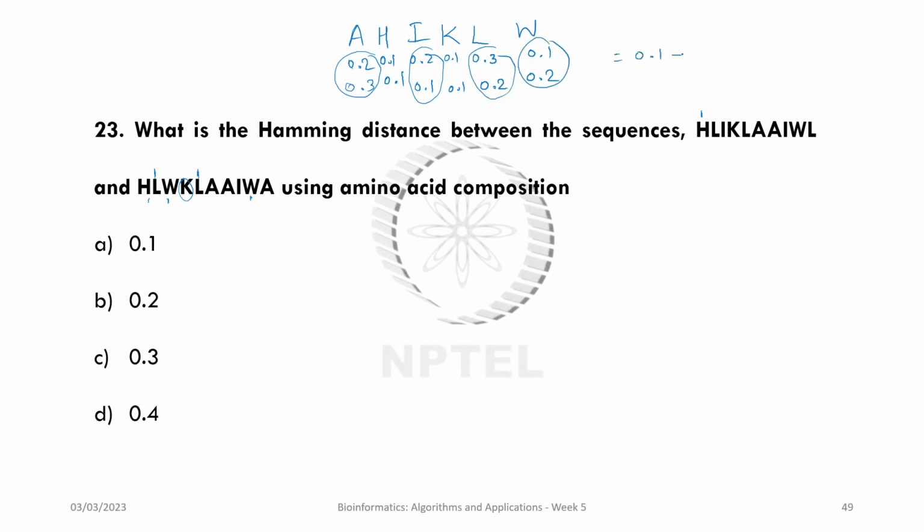So it will be zero point 0.1 plus zero point 0.1 plus zero point 0.1 plus zero point 0.1.